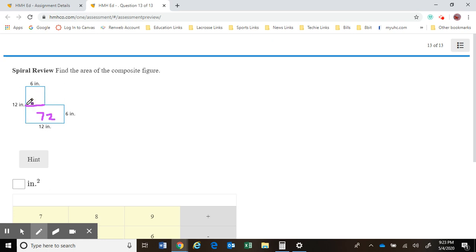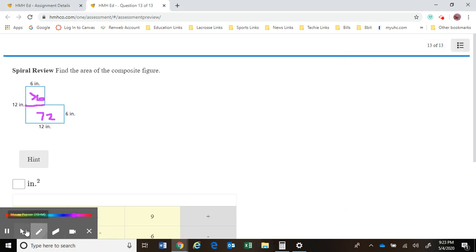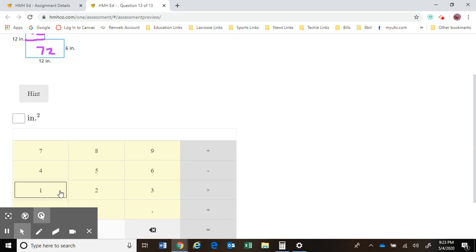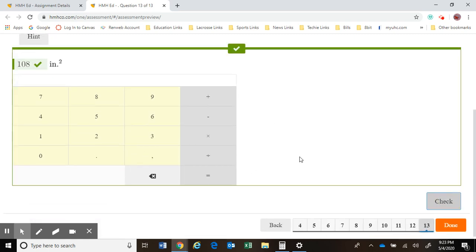Well, this is from 6 to here. That's 6 there. That must be 6 times 6, which is 36. And I add those two together, and I get 108. Check it. We're good.